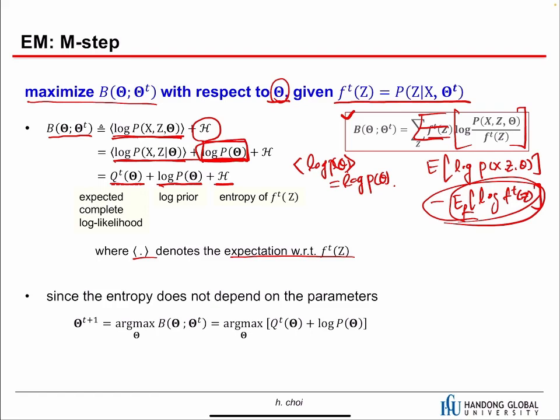So we are pretty much done. Since the entropy does not depend on the parameters, this one has nothing to do with parameter theta. So we choose the parameters such that they maximize this lower bound.